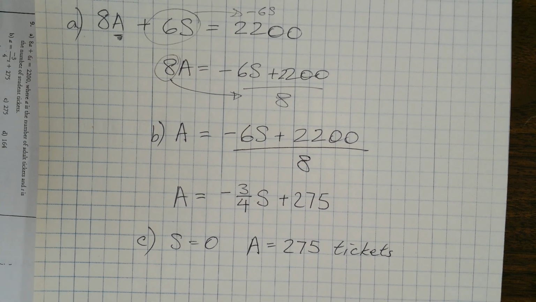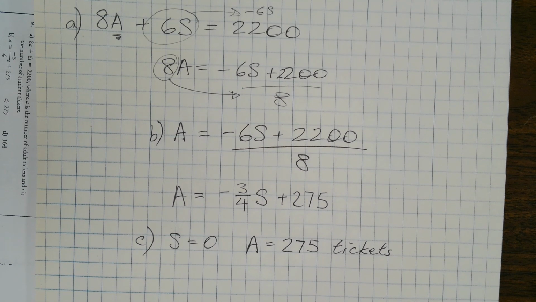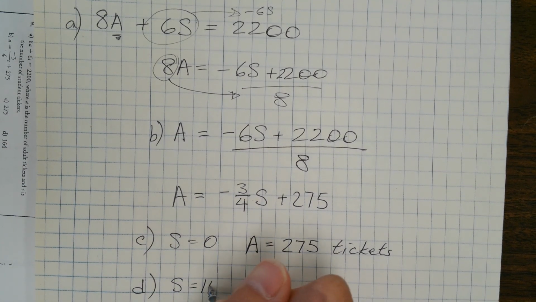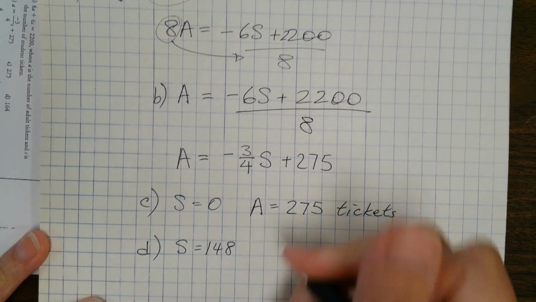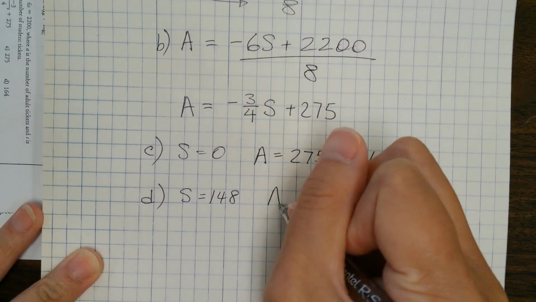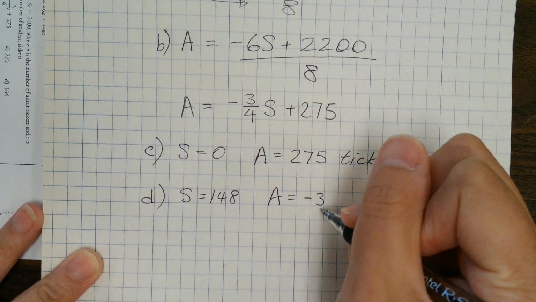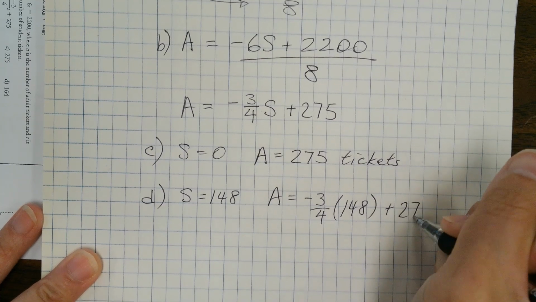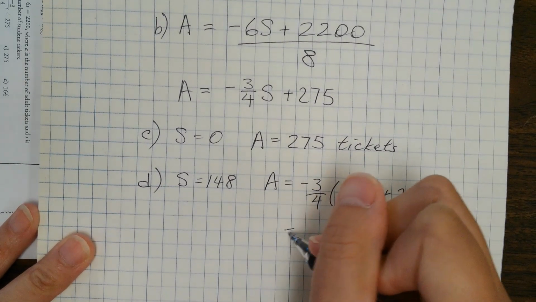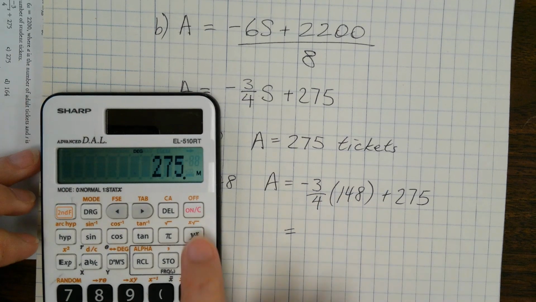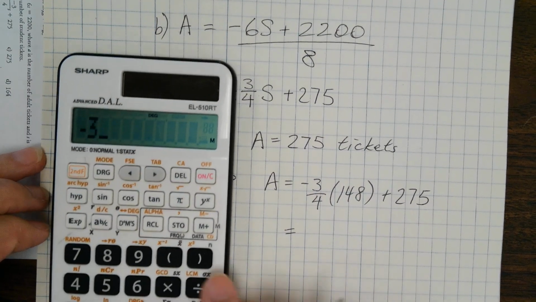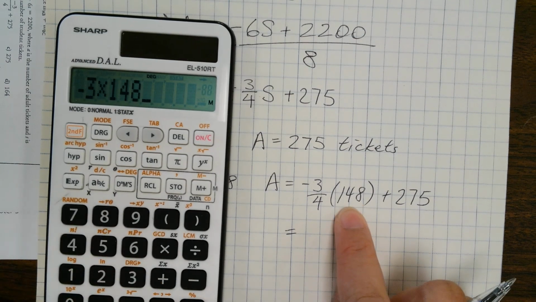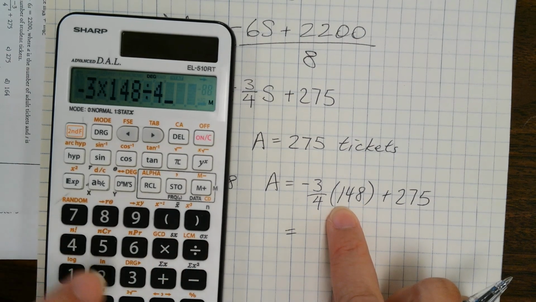Okay. And then last one. If 148 students purchased tickets, how many adult tickets were purchased? So if S is 148, then you're going to sub it into this formula. So A equals negative 3 over 4 times 148 plus 275. To calculate this, you will do negative 3 times 148 and then divide it by 4.